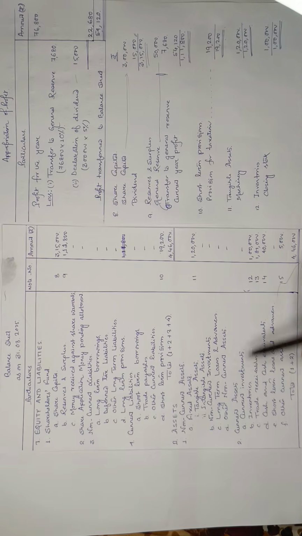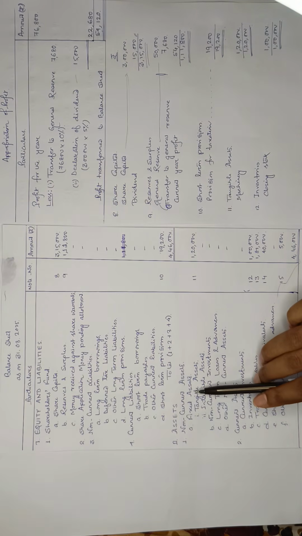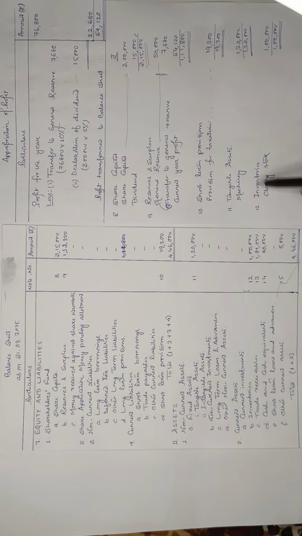Now come to the asset side. Under fixed assets you have tangible assets; only machinery is there. For machinery, I have mentioned whatever amount is given in the trial balance, I'm showing that value only. From this I am not deducting depreciation.